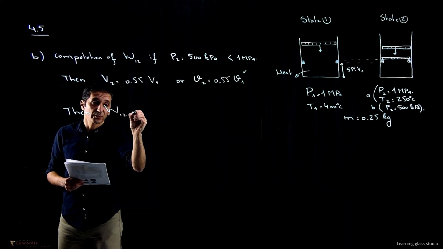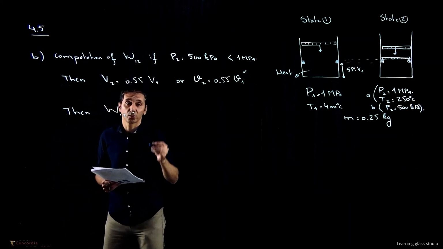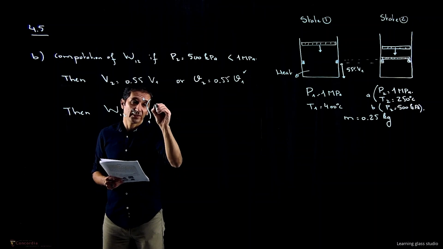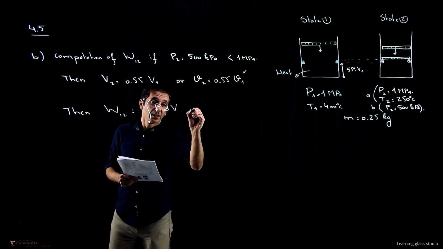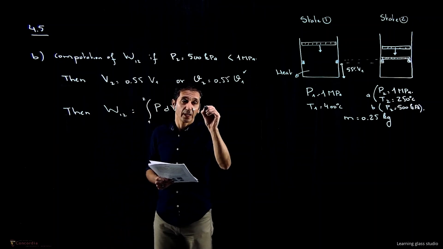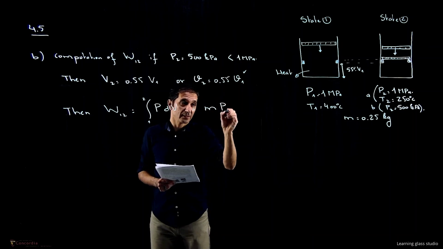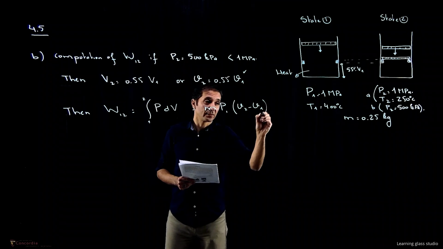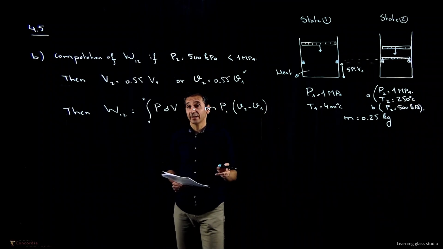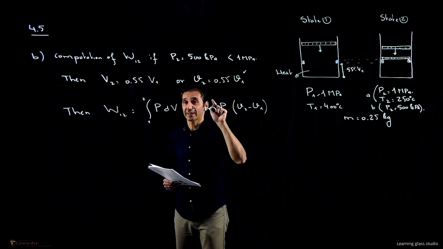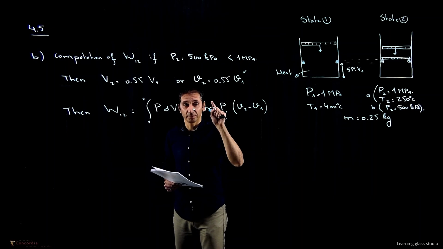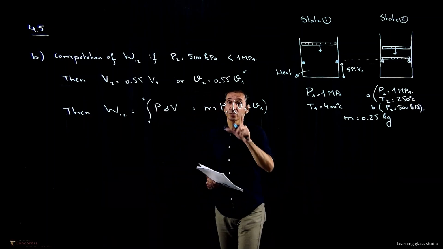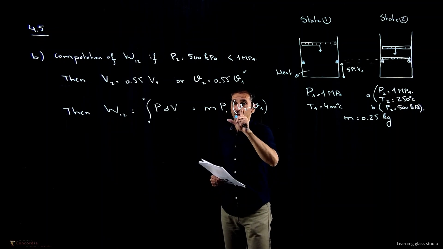So then, the work W1-2 is equal to what? It's still equal to the integral from 1 to 2 of PdV. And it's equal to M P1 times V2 minus V1. Now you can see that I considered the process as isobaric, and I put the pressure constant and equal to P1. Why? Because we can decompose the work here into two parts.